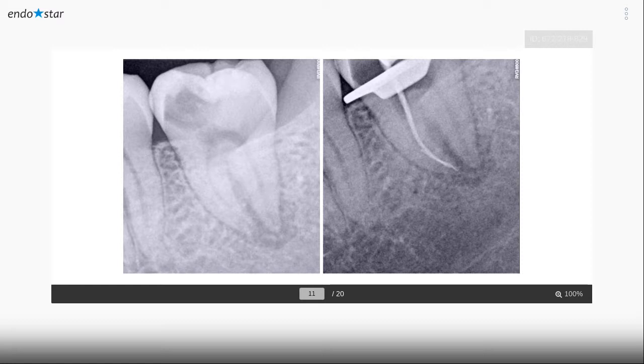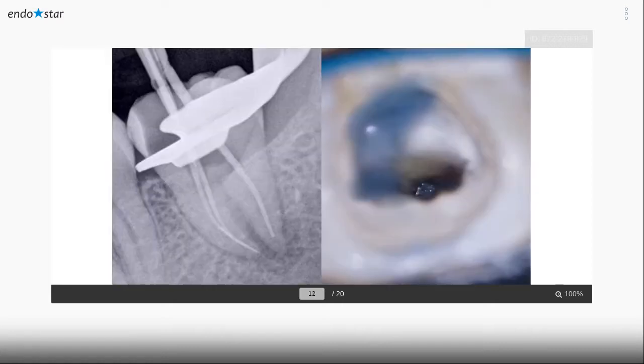But when I was about to obturate the canal, I noticed that the file was very visible. The file was loose inside of the root canal, and I said, okay, I will go inside, grab the file, and take it out. You can see the file was located here. The shape of this canal was already like this after the cleaning and shaping.